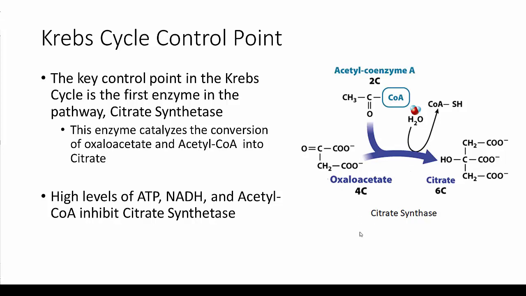On the flip side, high levels of ADP, AMP, NAD without the H, the unreduced form, and then simply acetyl without the coenzyme A, so the carrier without the acetyl, just the carrier itself.